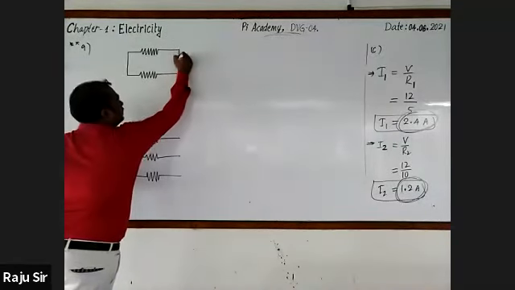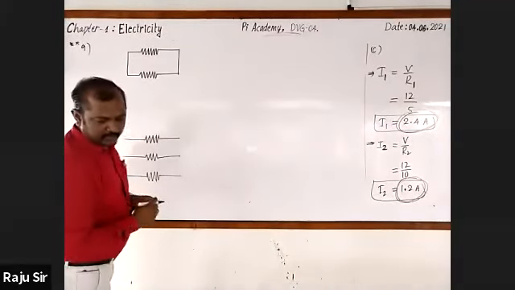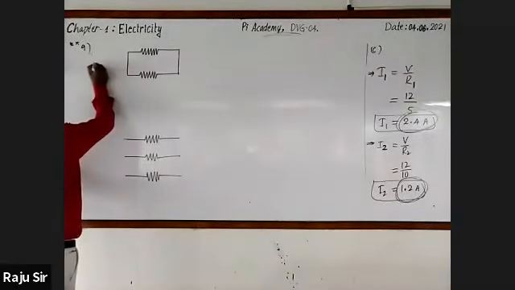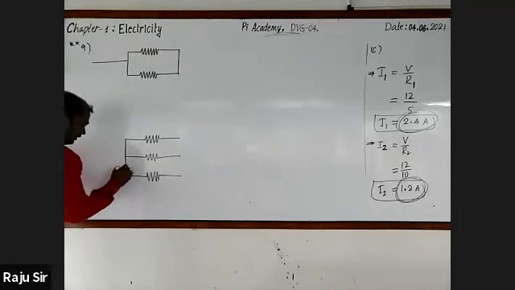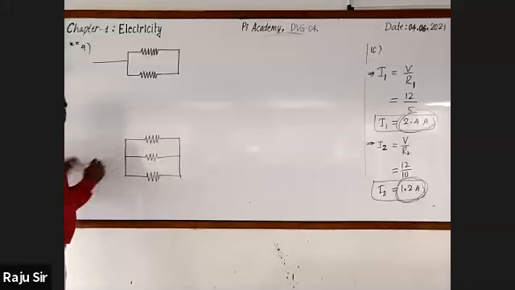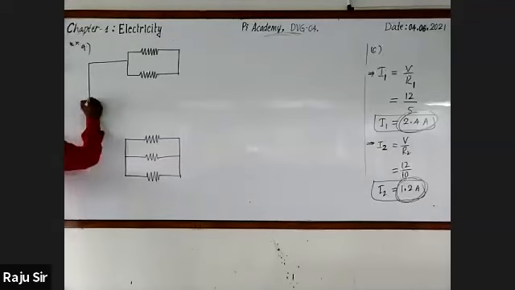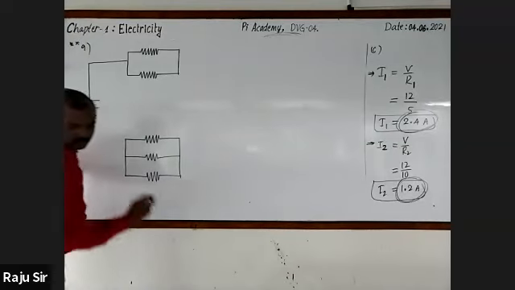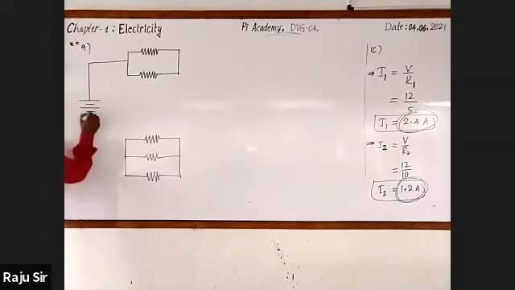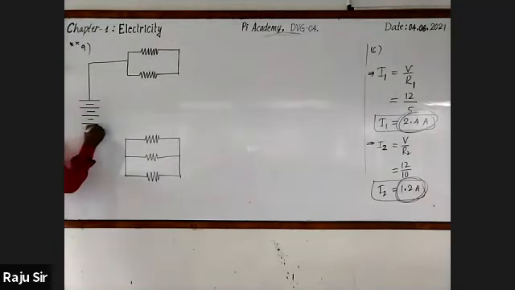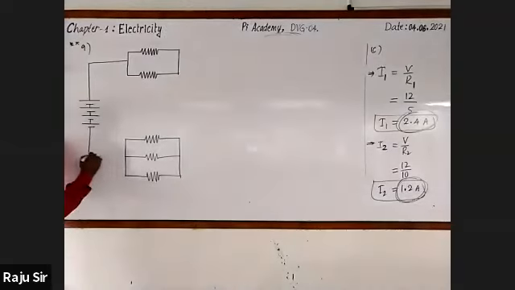The first 2 resistors are connected in parallel, and the next 3 resistors are also connected in parallel, and the free ends are connected to terminals of a battery. In that battery, there are 4 cells: 1, 2, 3, and this is the 4th cell. From here, it is connected to these 3 resistors along with the switch.